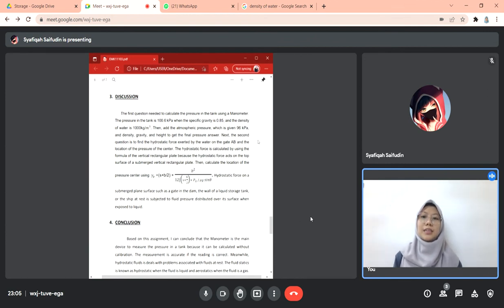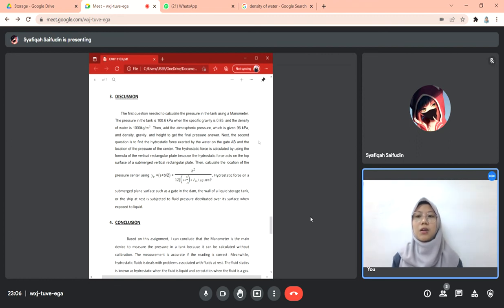The hydrostatic force is calculated by using the formula of a vertical rectangular plate because the hydrostatic force acts on the top surface of a submerged vertical rectangular plate. Then calculate the location of the pressure center using YP equals S plus B over 2 plus B squared over 12 times S plus B over 2 plus P naught.